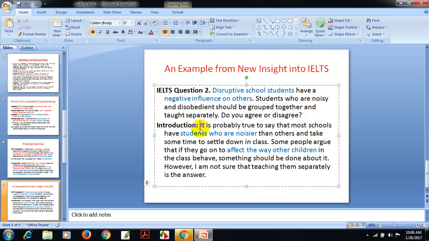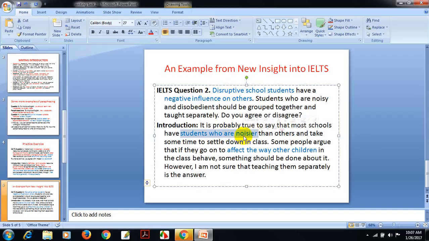Look the introduction. It is probably true to say that most schools have students who are noisier. Look here. Disruptive school students. Disruptive school students is paraphrased. Is written in other words, students who are noisier.